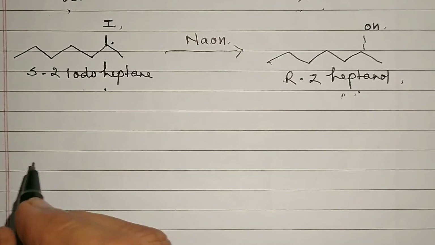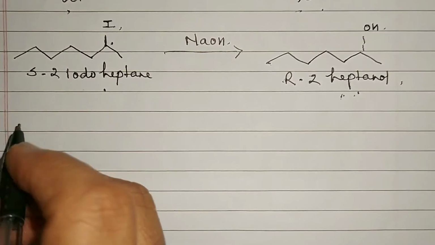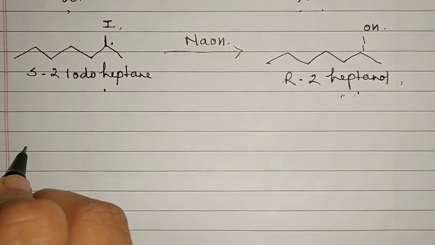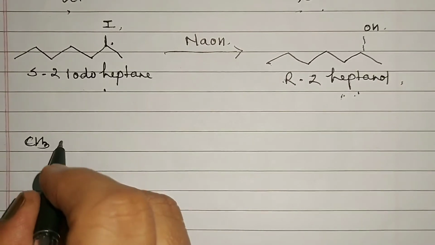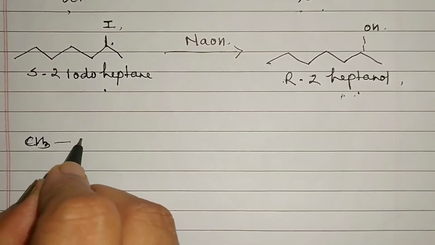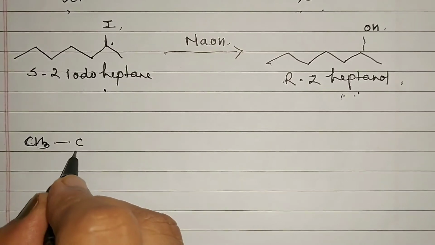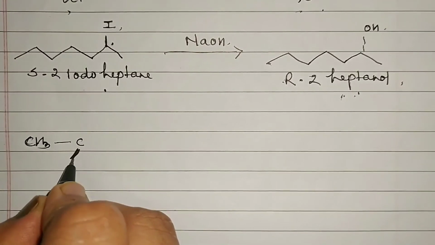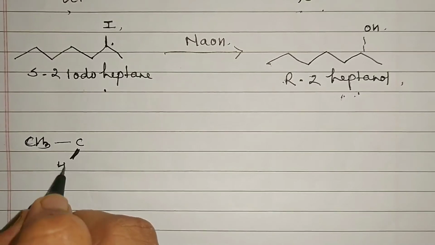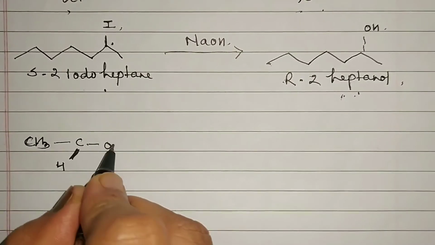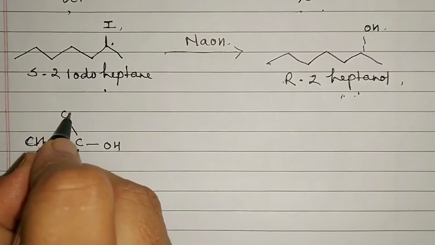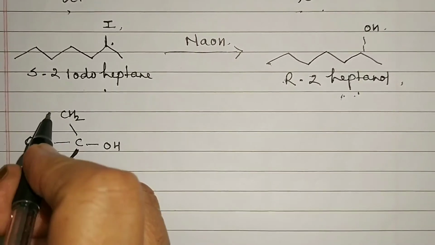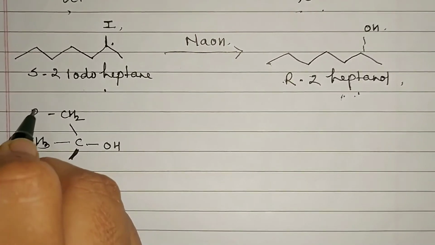The structure of R-1-phenyl-2-propanol is CH3, C, H, OH, CH2, Ph.